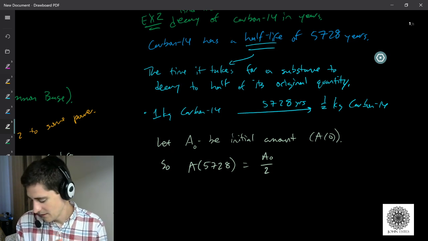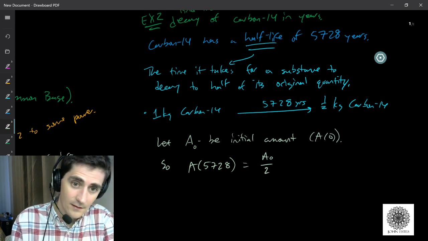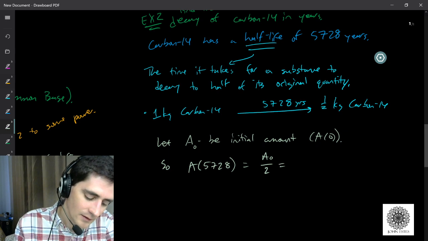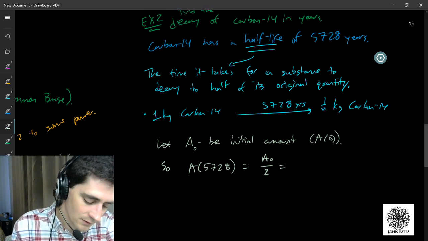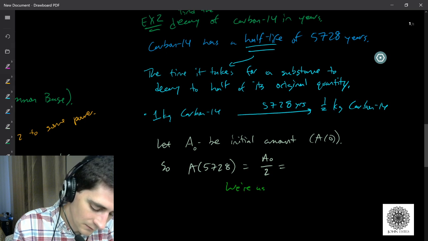Okay, now from that we can figure out what our value of a is, because what we also know based off our model, remember, we're using a sub t equals a sub 0 a to the t power, right?